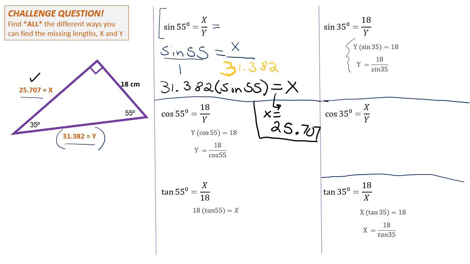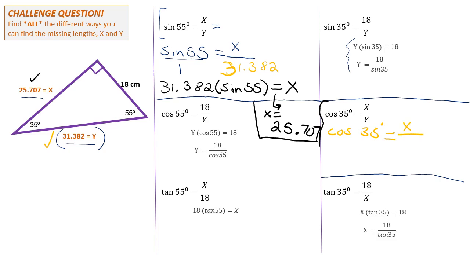Let's look at the cosine of 35 over here. Again, let's pretend that we don't know what x is again. Or you know what, let's do y. So let's say the cosine of 35, and we're pretending that we only know what y is.